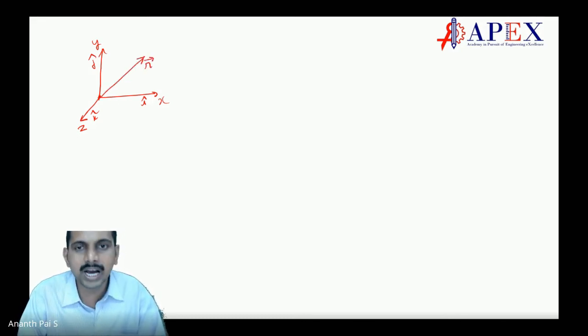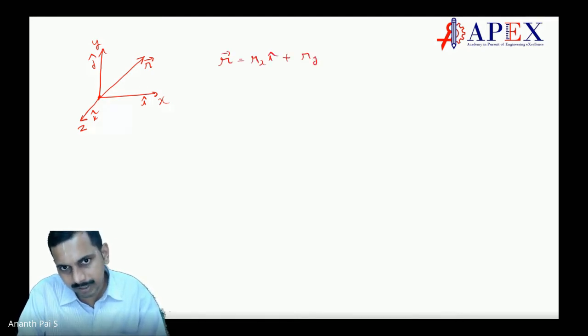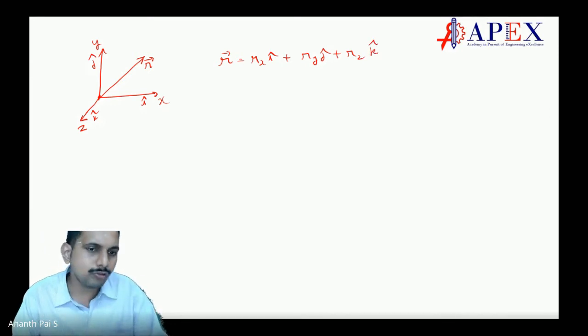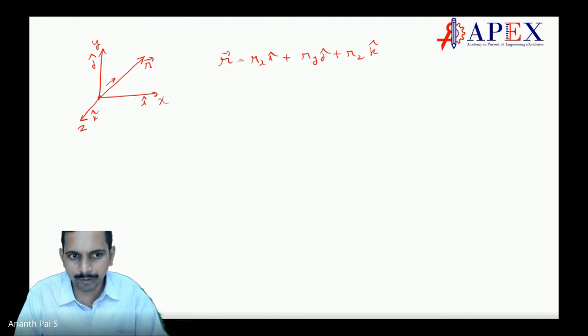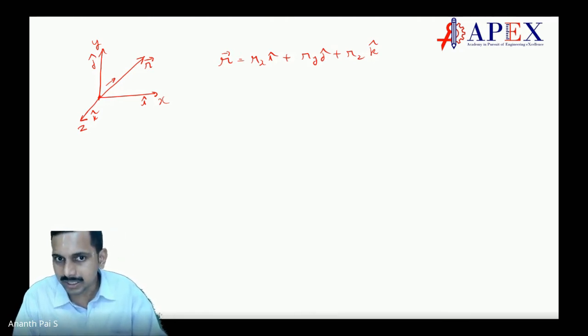Say this is the r vector. I will write the r vector as rx i plus ry j plus rz k. Now, if I want to find the unit vector along this direction, how do I do it?